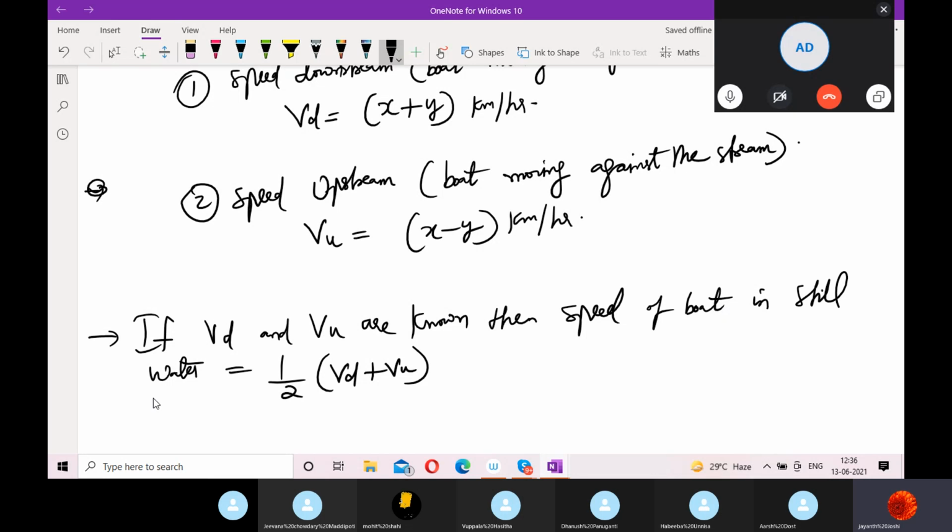This you have found out. And this is the speed of the boat in still water. This is the formula for speed of the stream: half of (VD minus VU). Just all of you make a note of this. Still water means the boat is not moving. It is just at one place. Okay.